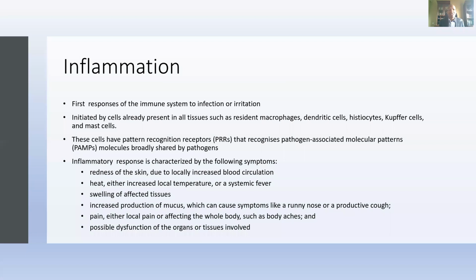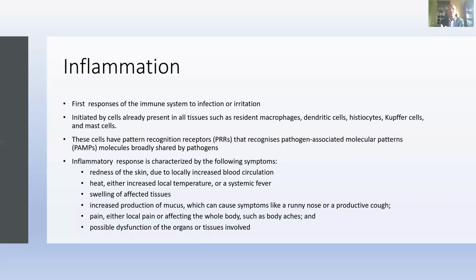Now, these cells have sensors, or we can call them receptors. These sensors sense any pathogen which may be trying to enter. The way they sense the pathogen is that they recognize specific pathogen-associated molecules.